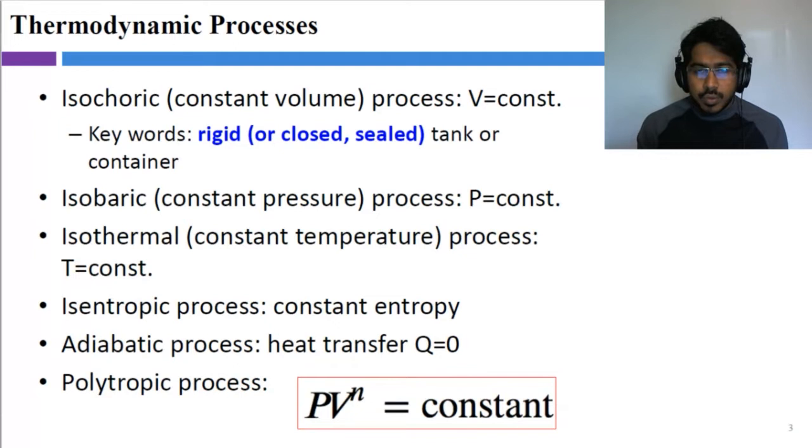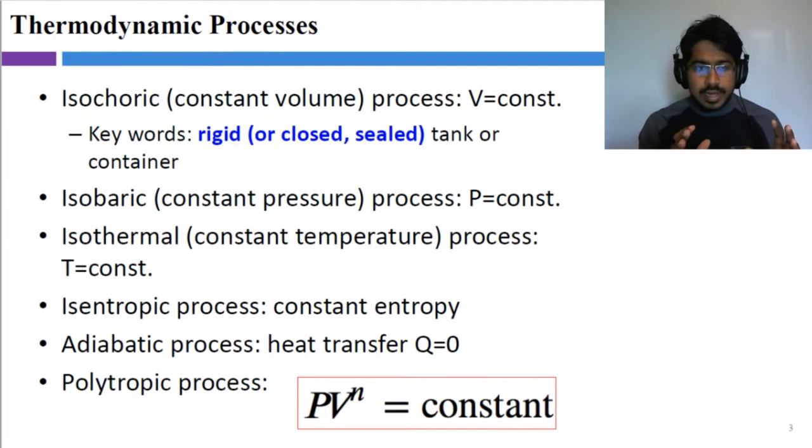In a question or in an exam setup, if you see a rigid container, a sealed tank or something like that, it gives you the sense that the volume is not going to change. This is a big help if it is the case.